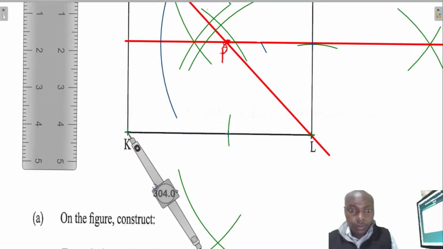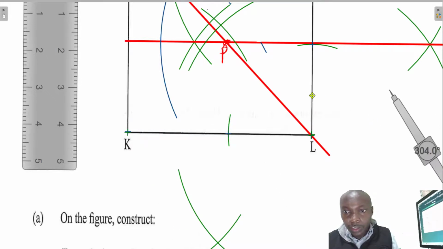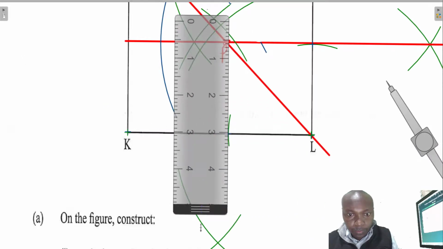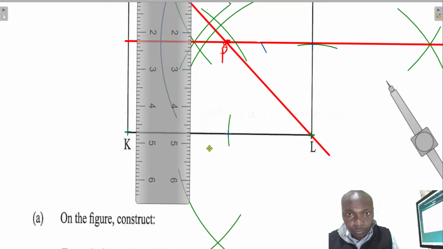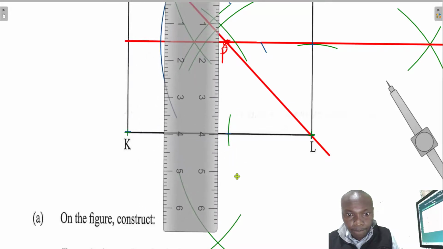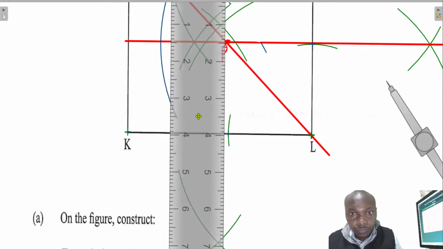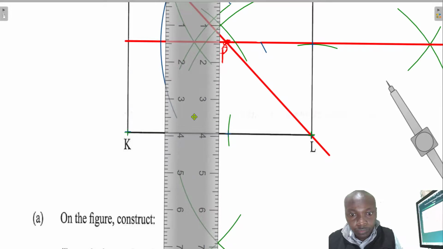So looking at it now, I'll be able to obtain the center of that line KL. This is just to help me get the center, and the center will simply be the intersection of that, so that will be the center.